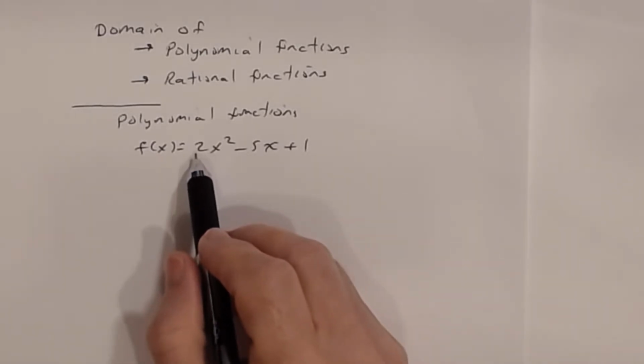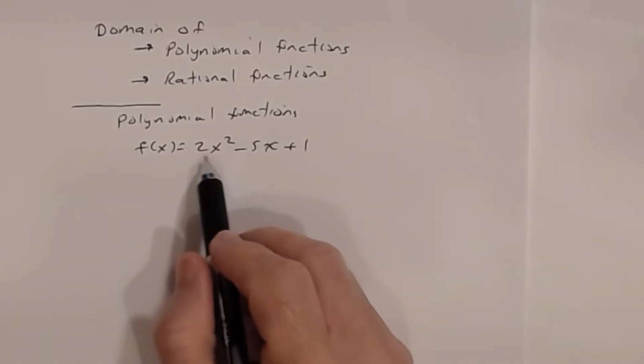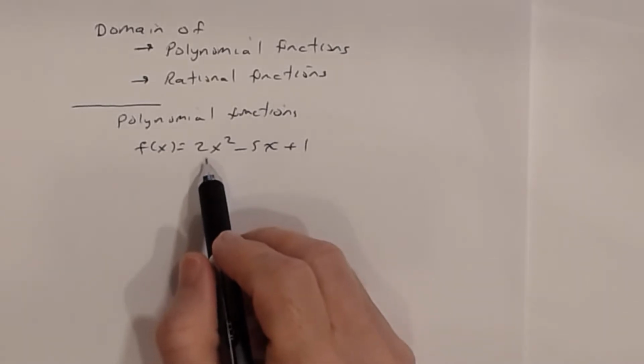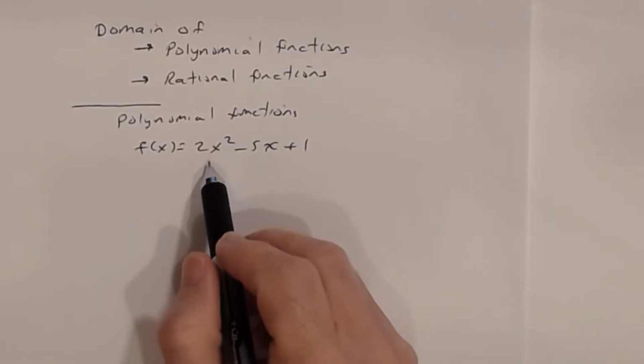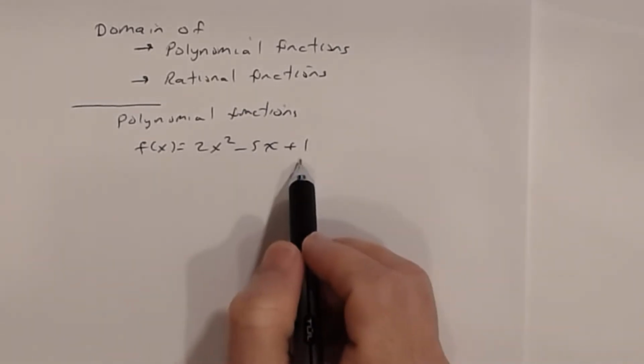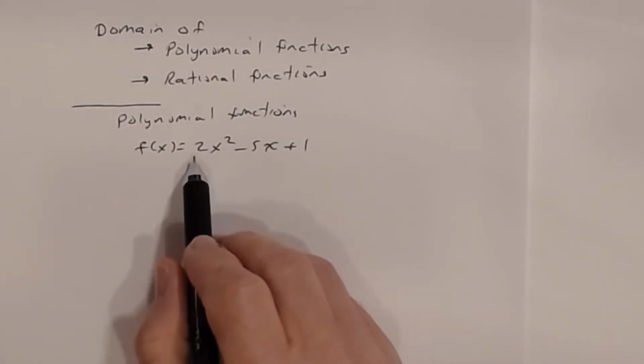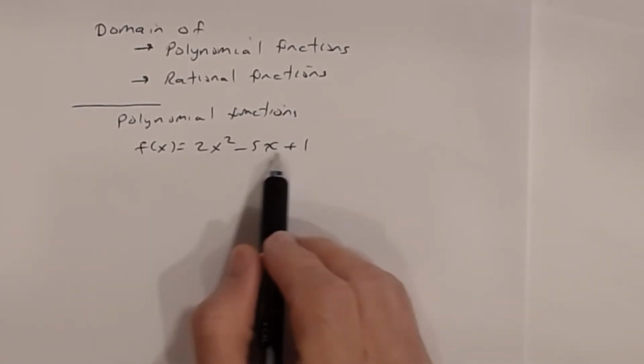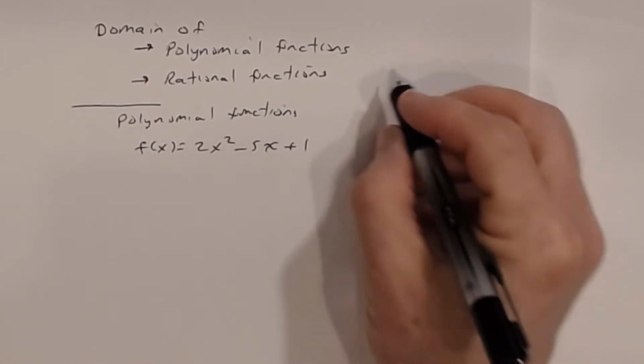Now, notice that if you were to write this as a fraction, the denominators are 1. So 2x squared over 1, negative 5x over 1. It's always going to look like this form.